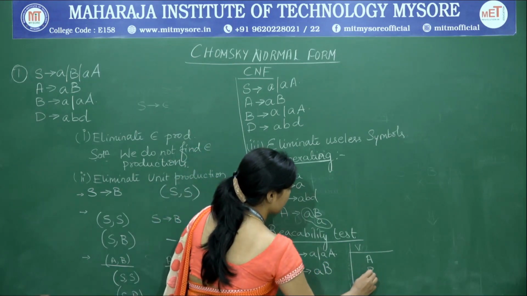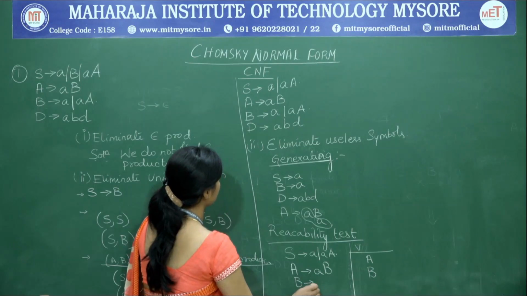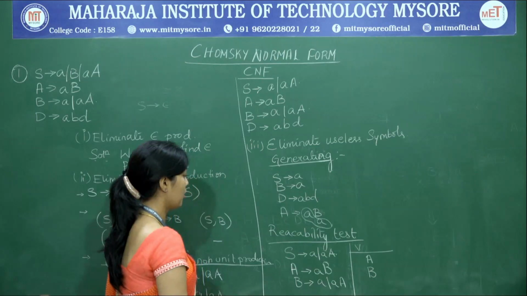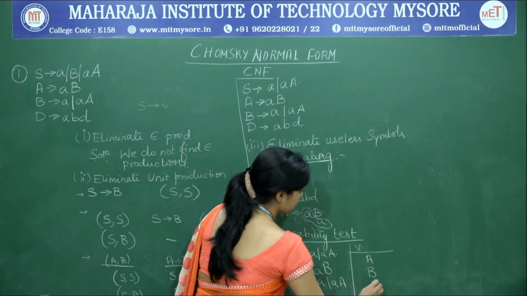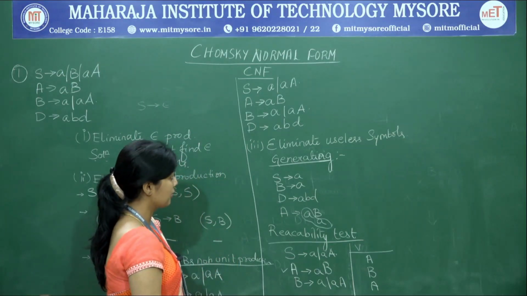The variable which is reachable is B. So next we consider B and its productions, that is A and small a, capital A. The variable which is reachable is A. We have already considered A, so there is no need to reconsider.